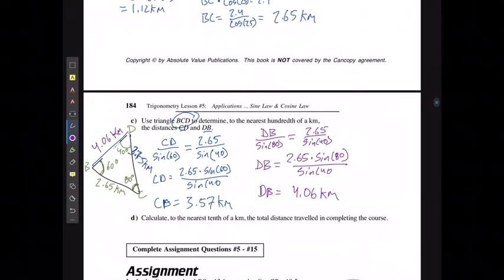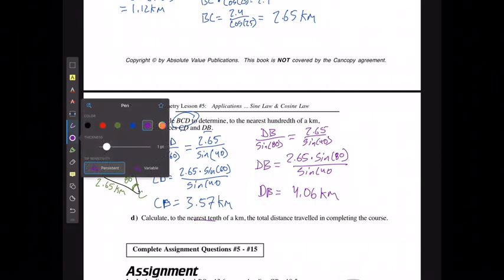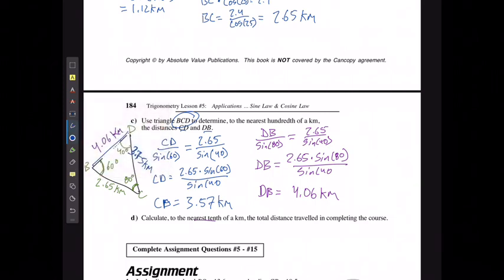Now, if I'm going to calculate to the nearest tenth the total distance traveled while completing the course, then I'm going to just add together all the distances traveled. So for the first stretch, where they headed from A to B, they traveled 1.12.